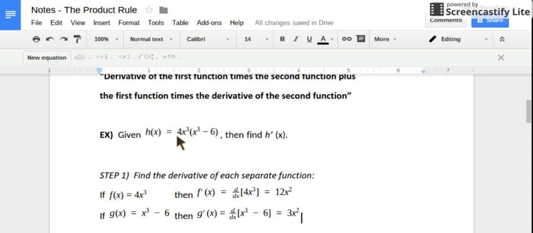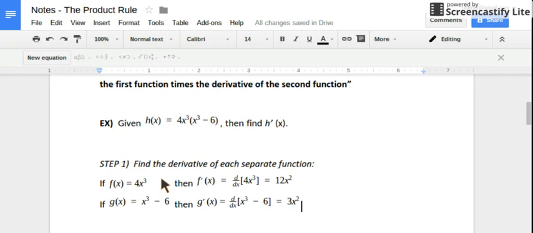Just separate each of the functions and find the derivatives of each separate function. And then we'll just plug it into that form that we saw above. So if we say that the first function is 4x cubed, then we can find the derivative of that. The derivative of 4x cubed using our power rule becomes 3 times 4, and subtract 1 from that 3 and we get 12x squared.